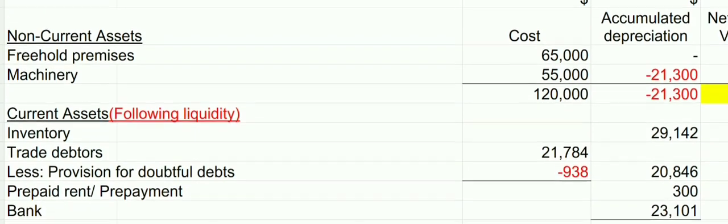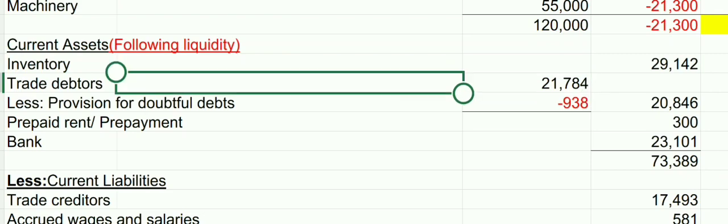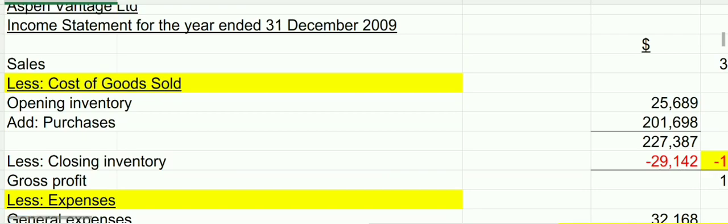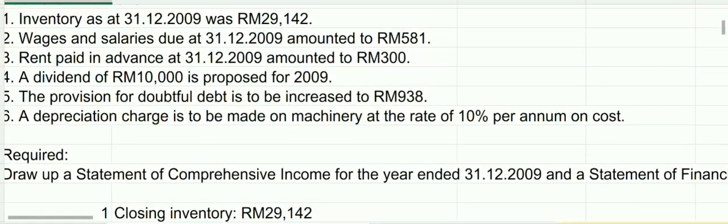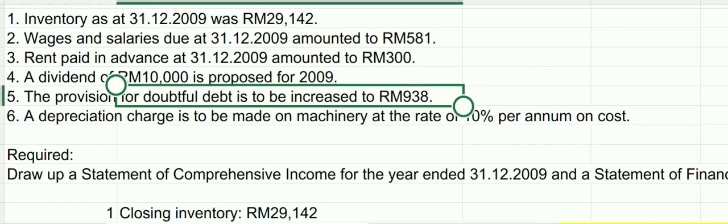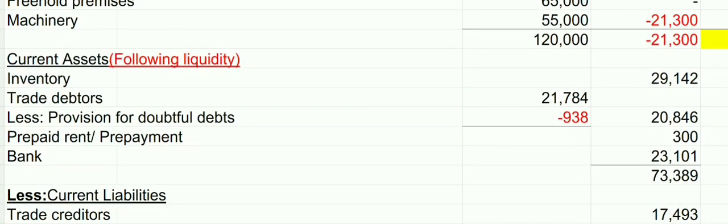And then trade debtors, you take from the trial balance, you minus provision for doubtful debts. Remember, we have increased the provision for doubtful debts. Here, number 5, increase to 938. We expected customers cannot pay back 938 ringgit.